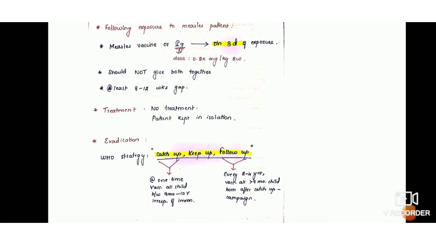Then after that, every 2 to 4 years, all the children who are more than 9 months and were born after the catch up campaign will be followed up and vaccinated. So just keep in mind the strategies: catch up, keep up, and follow up.